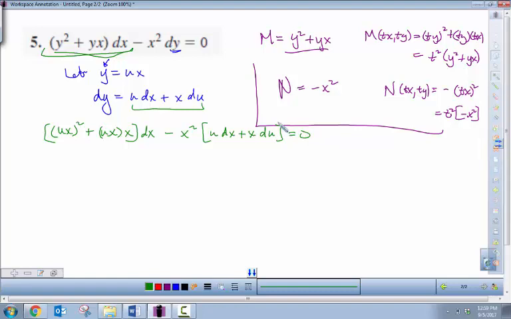Now if you take a quick scan over this whole thing, we see that there are no more y's. Now I'm looking at this as u, a function of x. So we might be interested in solving for u now as our differential equation. Let's see how this is going to turn out. We have u squared x squared plus u x squared dx. Let's distribute this. x squared u dx minus x cubed du equals 0.